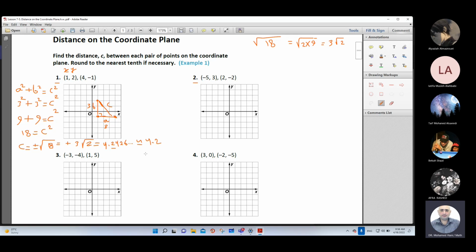The answer will be positive 4.2. Does anyone have any question about this idea? Clear for all? Okay.